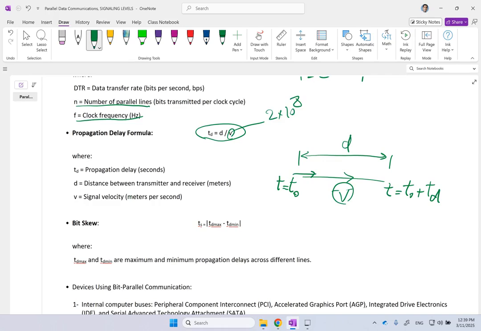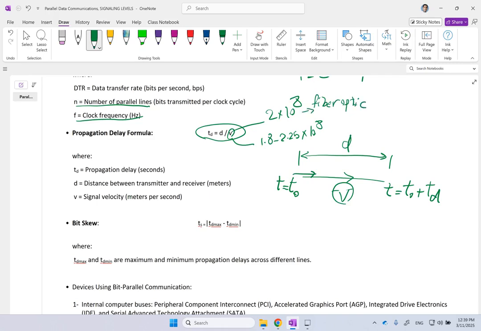But if you're doing it in copper, then you're looking at something like, for instance, 1.8 to 2.25 times 10 to the 8. Okay, so this is for fiber optic. Now, of course, it's not a fixed number, but something like that.